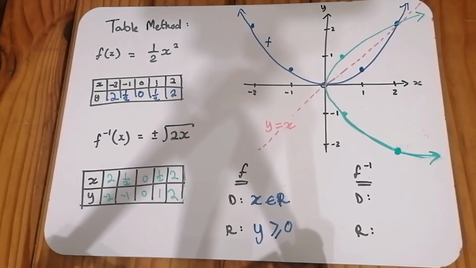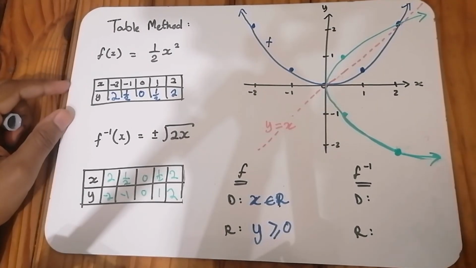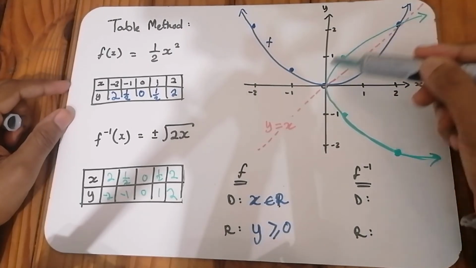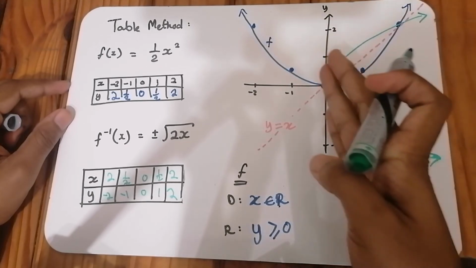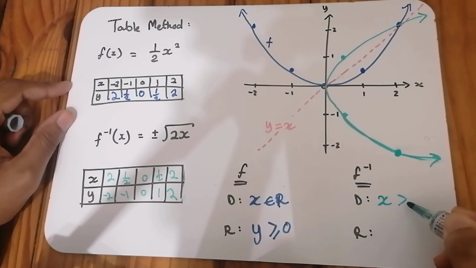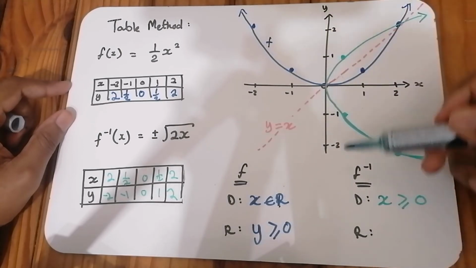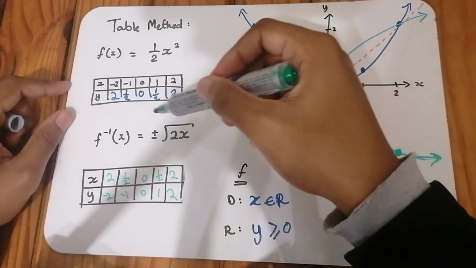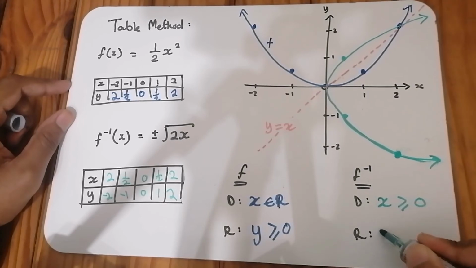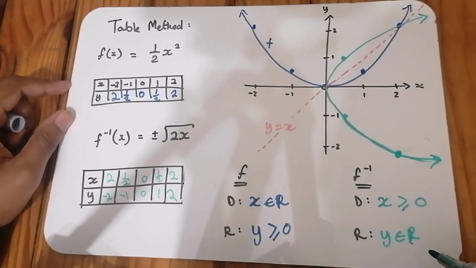And that does make sense because the parabola is drawn above the x-axis. But for the domain of the inverse graph, we're only making use of the positive x values. So it's only the x values that are greater than or equal to 0. And the range, as you can see, is all the y values, negative and positive. That's the plus and minus. So therefore the range is an element of the real numbers.